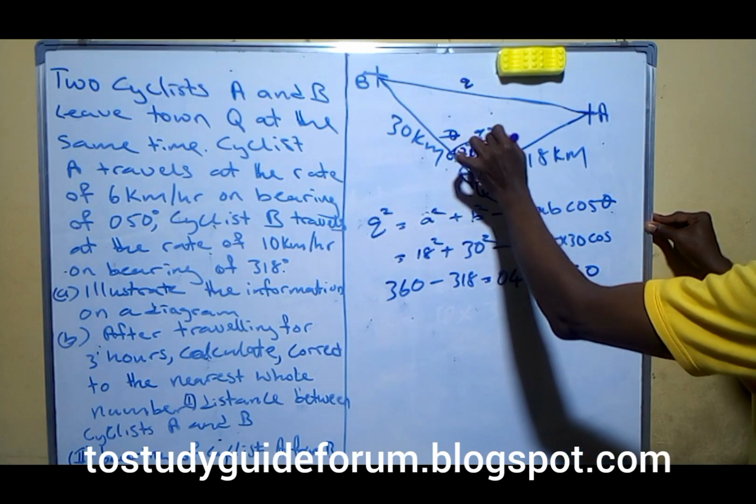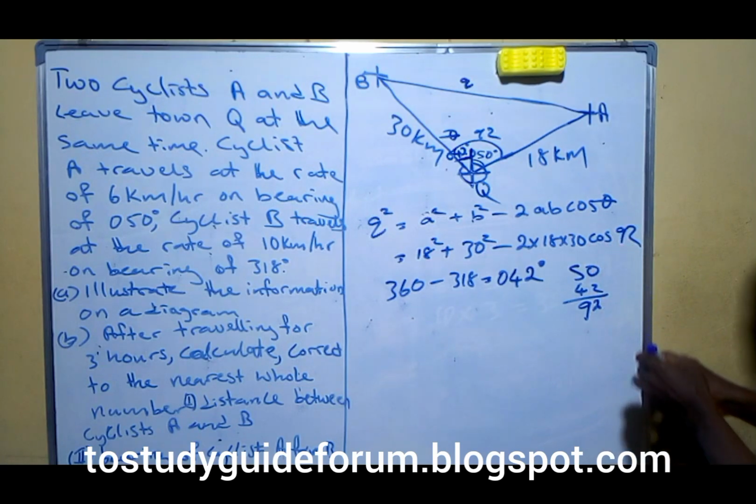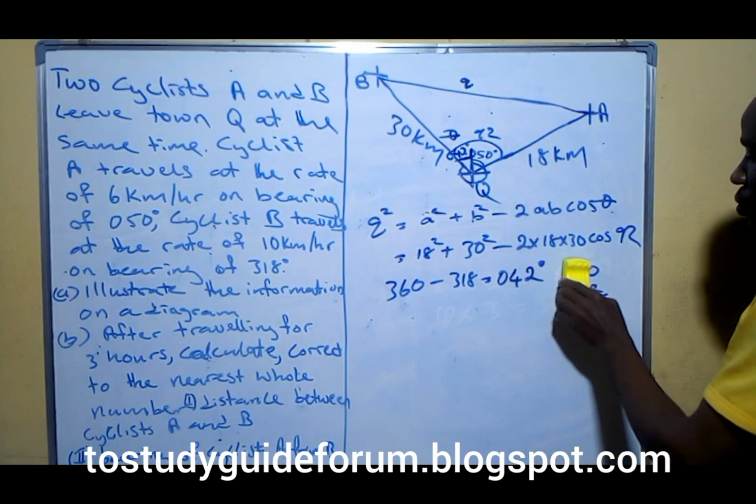So what we have here is 92. So our theta here should be 92 degrees.